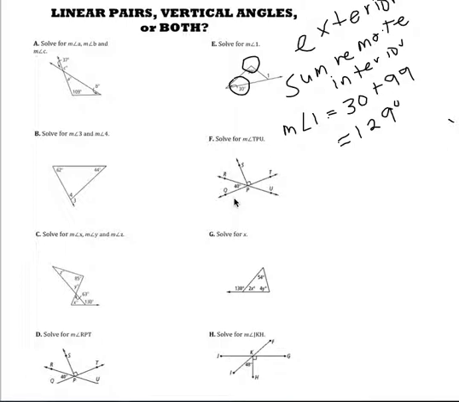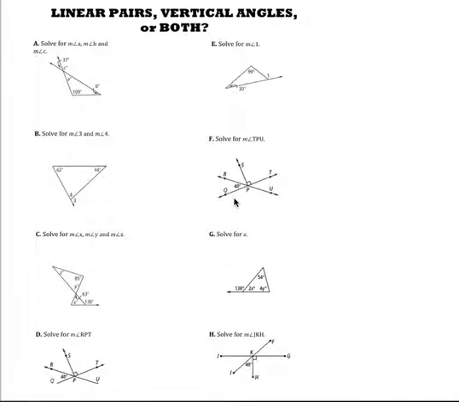And even if you don't remember that an exterior angle is the sum of the remote interior angles, one thing you could do is just solve for the third angle in this triangle. So I'm going to get rid of the notations I just drew. You could find the measure of that third angle, highlighted in red, this little angle right here. You could say, okay, 99 plus 30 is 129.